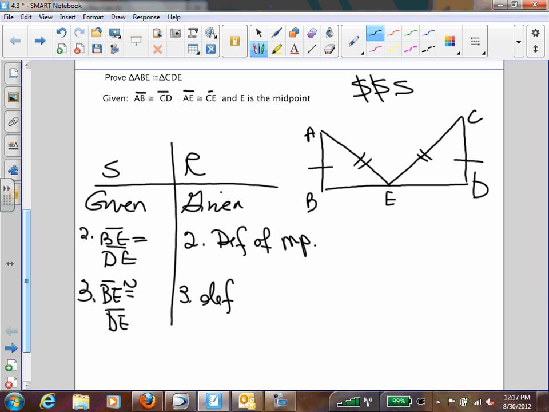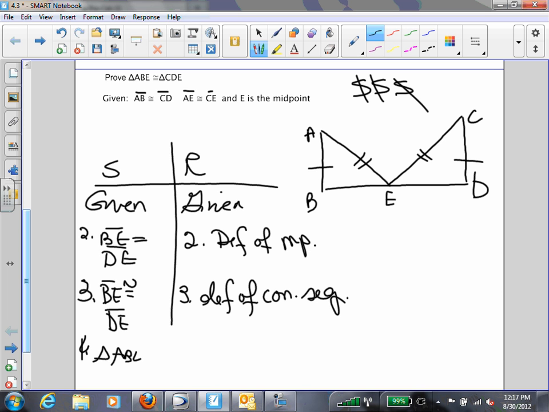We're going to say definition of congruent segments, yes. Now, I have my third congruency statement. Therefore, I can say that triangle ABE is definitely congruent to triangle CDE by the SSS.